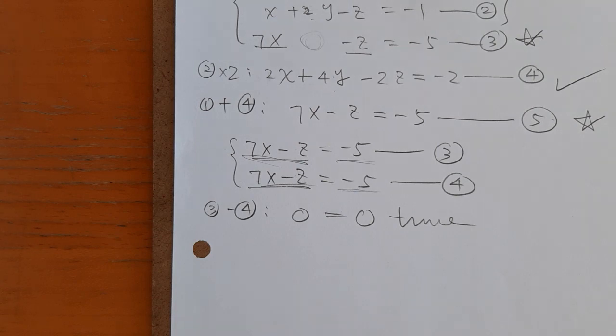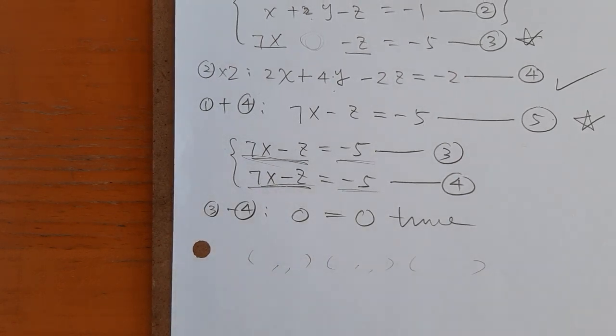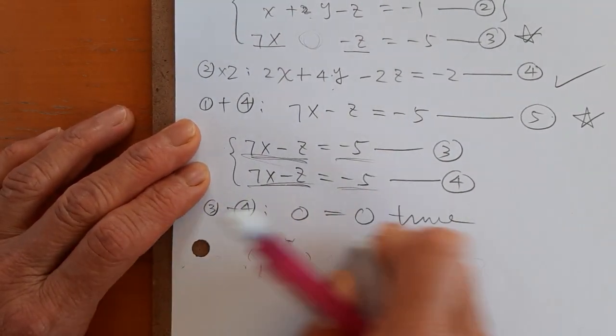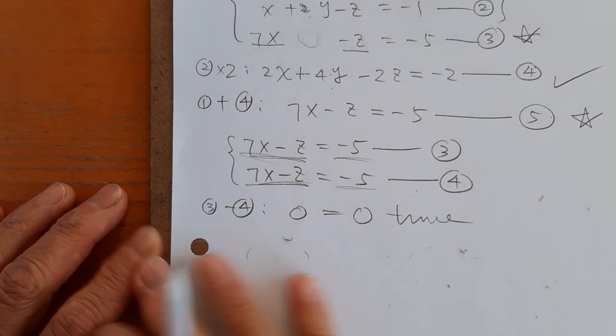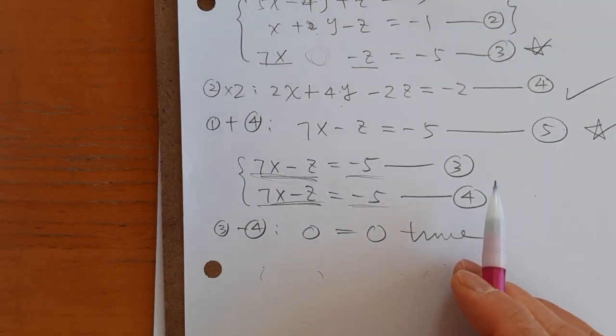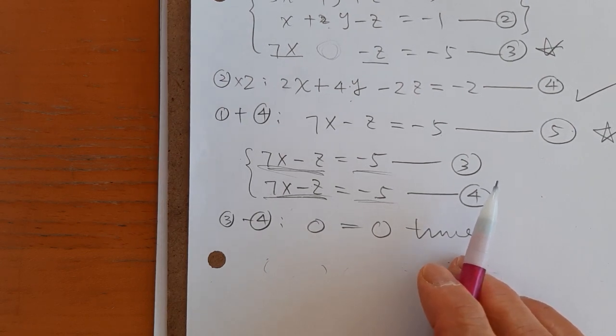But we cannot just say an infinite solution, because this is not just a real number. These are three coordinates, points, and infinitely many points are solutions. I do not teach you how to represent x and y in terms of z, whatever.